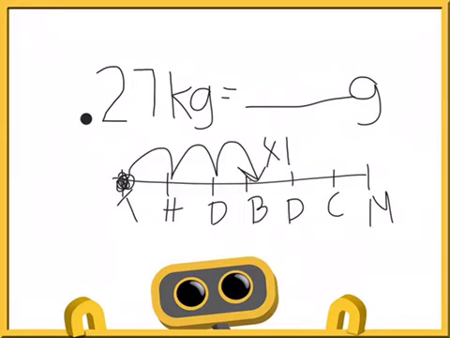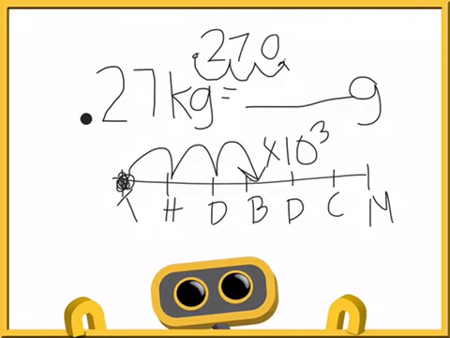Therefore, I'm multiplying by 10 to the 3rd power. So I'm going to take my 2.7, move my decimal point 1, 2, 3 places to the right. I know I've got an empty placeholder there, which a 0 will go in. Therefore, there are 2,700 grams in 2.7 kilograms.